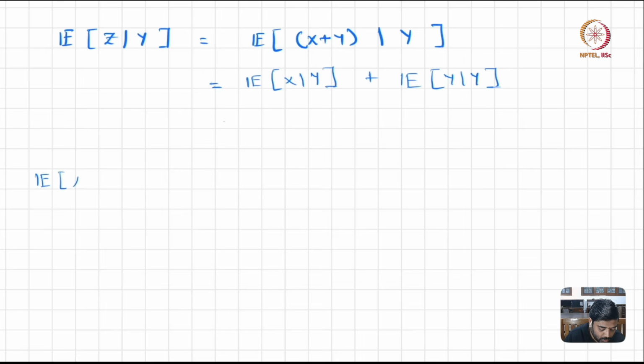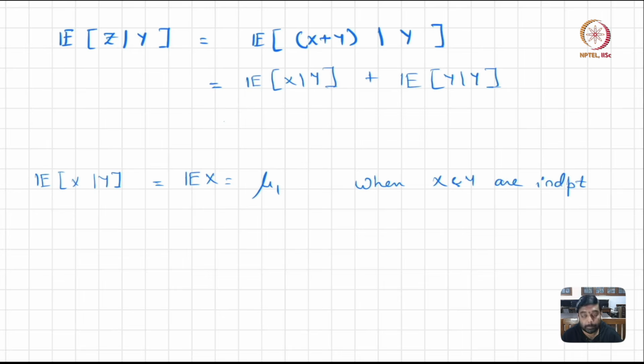Expectation of x given y. Now x and y are independent, therefore conditioning on y has no impact. It is the expectation of x, which I know as mu1. When x and y are independent, we know this.